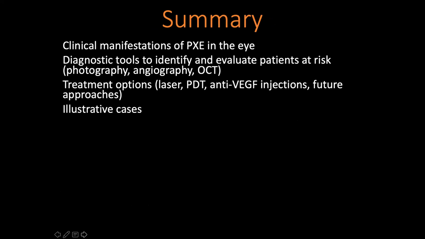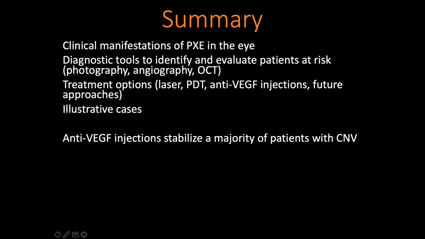So in summary, I've described some of the clinical manifestations in pseudoxanthoma in the eye, some of the diagnostic tools that we use to identify and evaluate patients at risk for disease, including photography, angiography, and OCT. The treatment options, which include laser, photodynamic therapy, and anti-VEGF injections, as well as future approaches, and illustrated some of this with case presentations. Anti-VEGF injections do stabilize 90% of eyes with choroidal neovascularization.